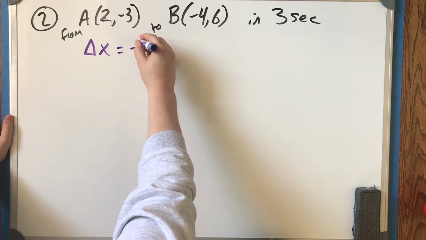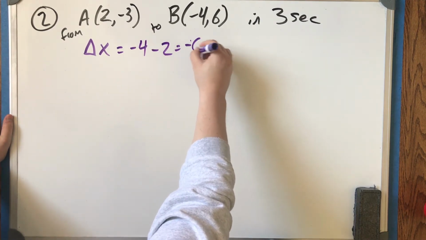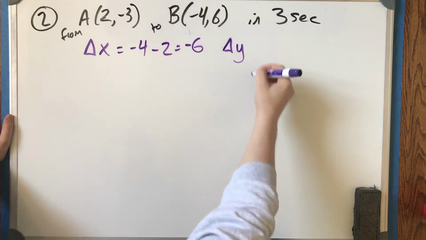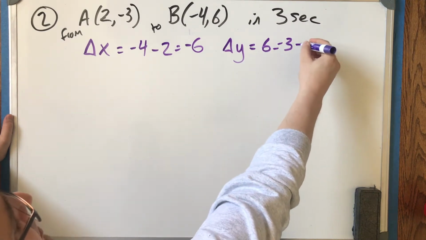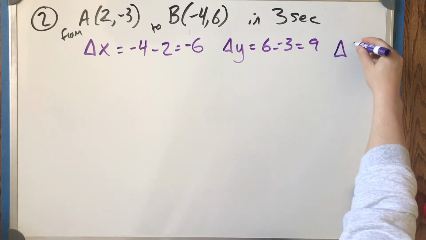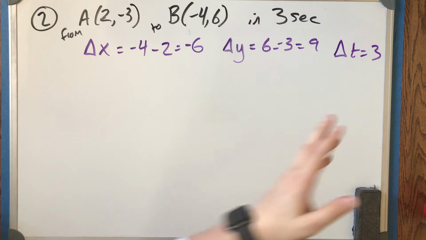So -4 minus 2 gives me -6. Do the same thing for the y values: 6 minus -3, so that's +9. And then the change in time is just 3 seconds, because we went from no seconds to 3 seconds.